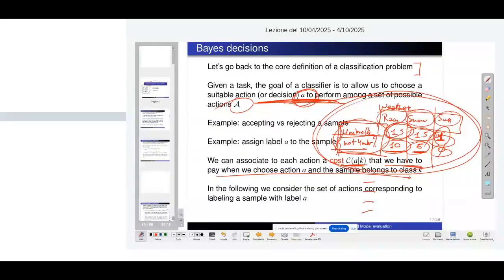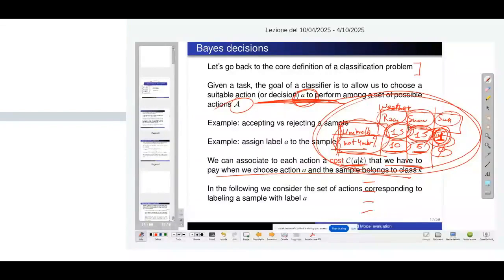Each treatment will have a monetary cost as well. So in that case, the costs can be in euros, and I have to decide which treatment I should give to the patient if I have several options for treatments. In other cases, it's just a convention. I say 1 is the cost of bringing with me the umbrella when it's sunny, and I try to estimate a relative cost with respect to that 1.